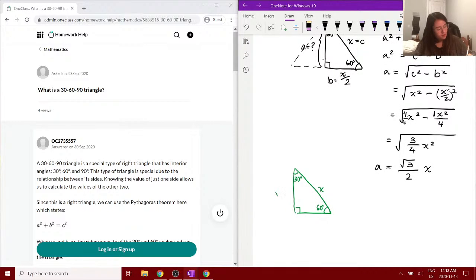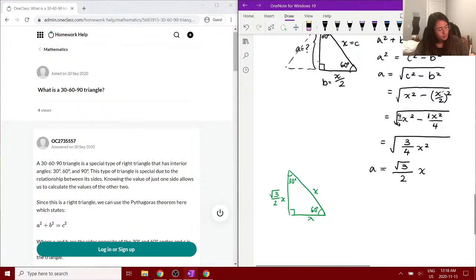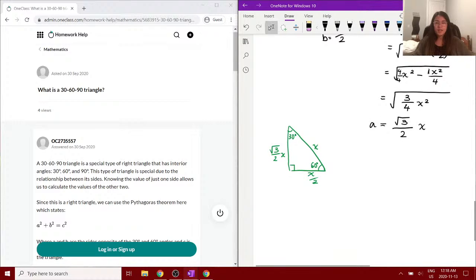A, we now found out that A is equal to root 3 over 2 x, and the bottom length here, B, is equal to x over 2, which we knew before as well. Alright, and this is our special triangle.